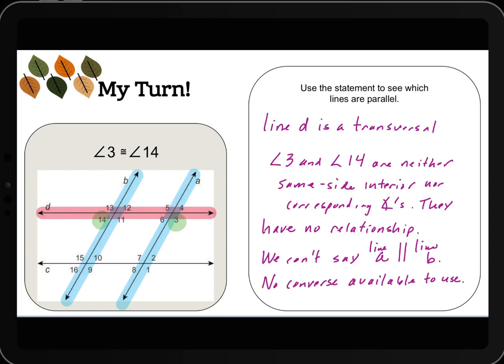In this case, 3 and 14 have no relationship whatsoever. There's no converse that describes their relationship, no parallel lines theorem that describes it. So therefore, we can't say if the lines are parallel. We have no converse available to use to justify that. So that's how I have to conclude that particular example.